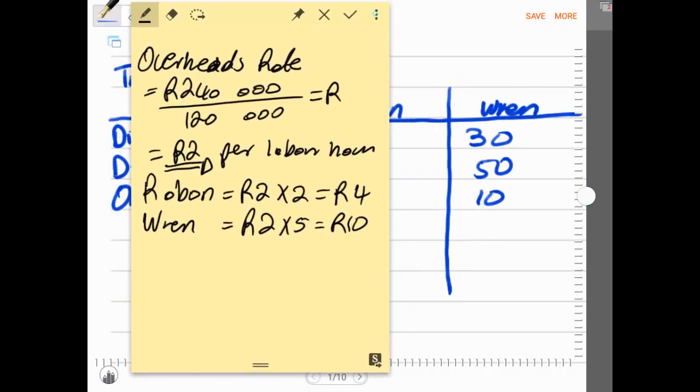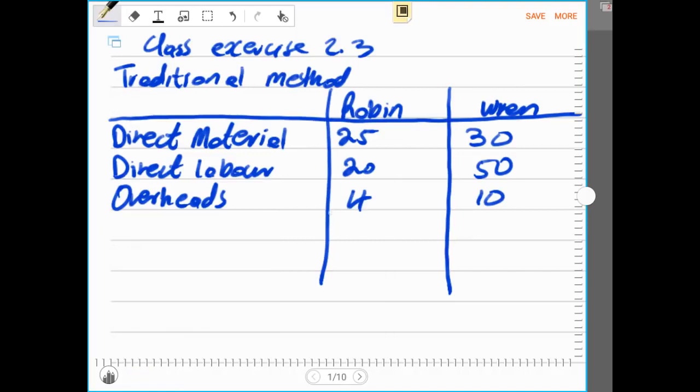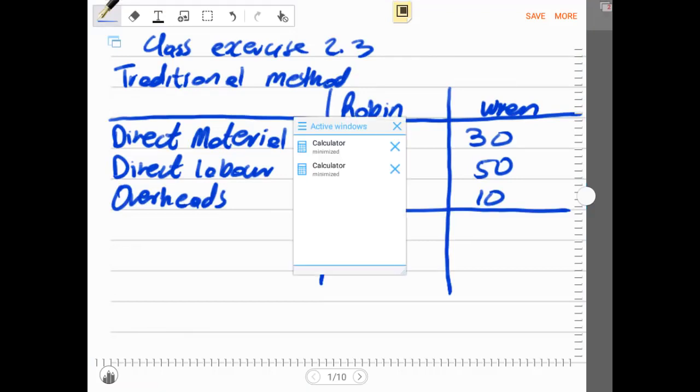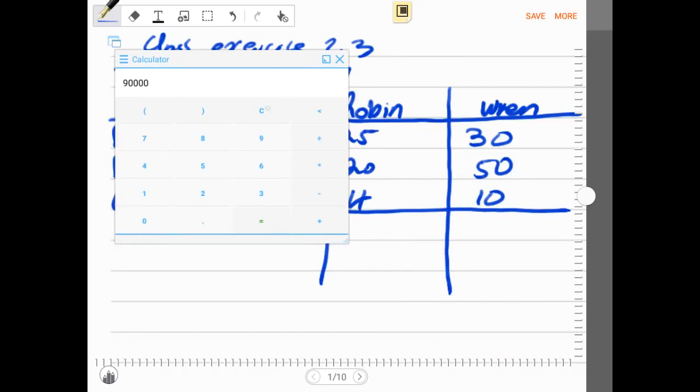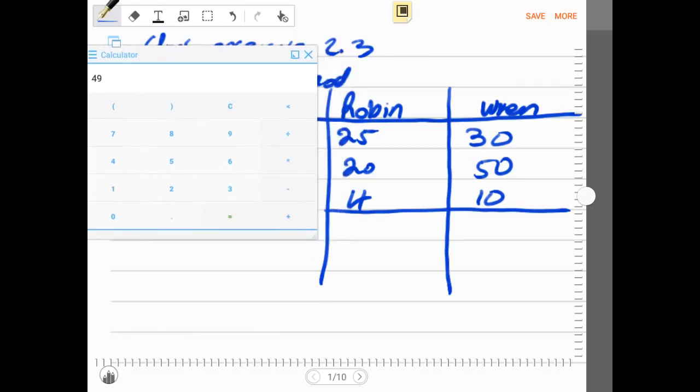Then from here we can calculate the total for all our overheads. It's 25 plus 20 plus 4, which is 49.